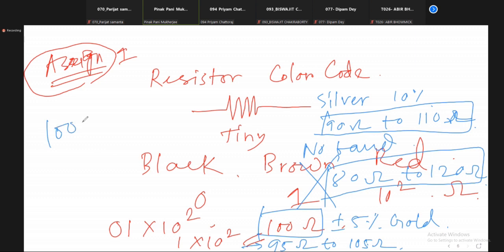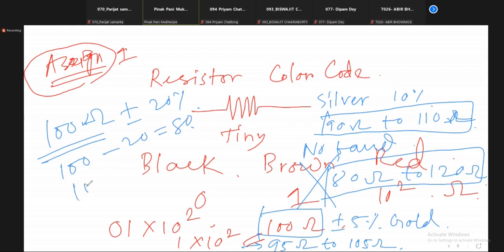Because the tolerance is plus minus 20%. Since it is 100, it will be 100 minus 20, that is 80, and 100 plus 20, that is 120. Plus minus means either it may be more or may be less.